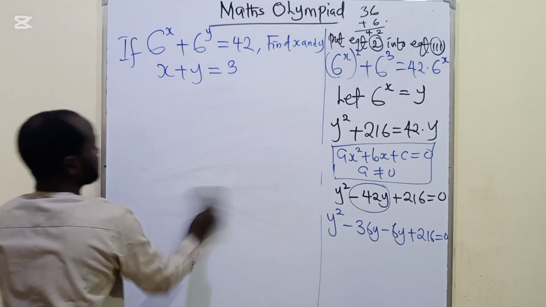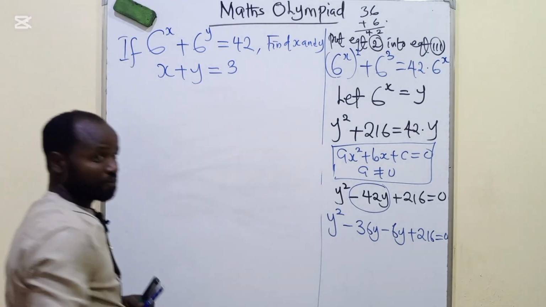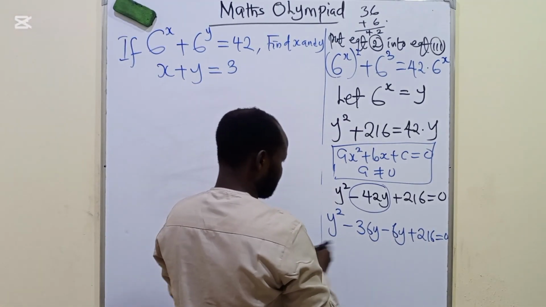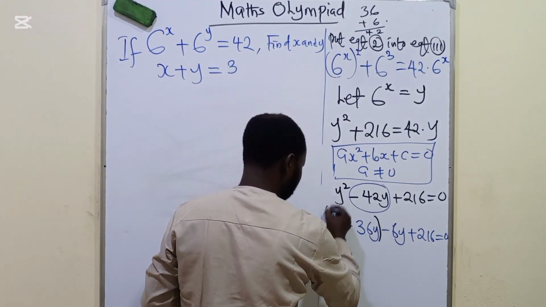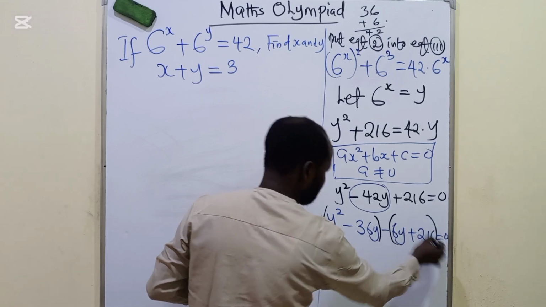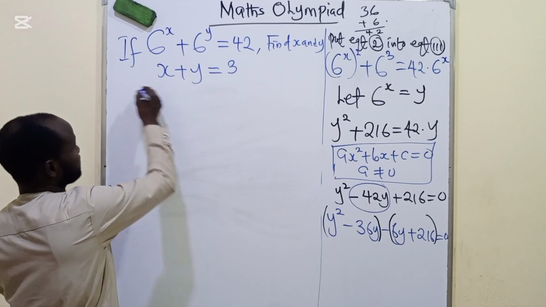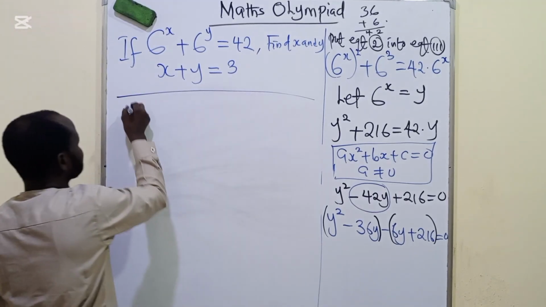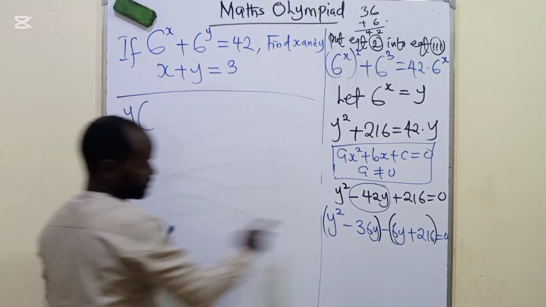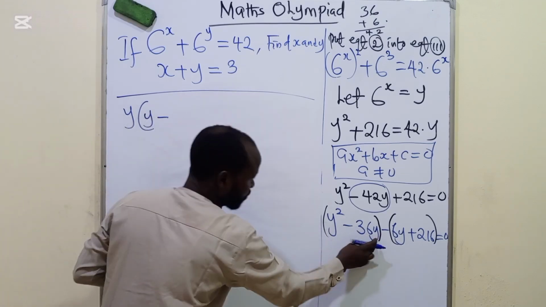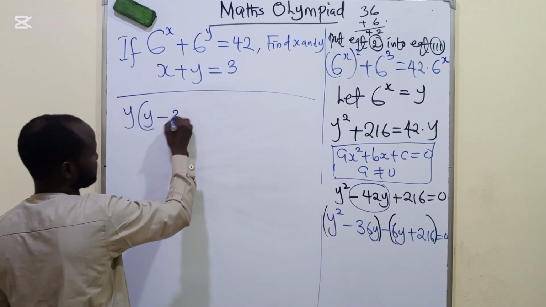Let's move here and see what we can do. Let's group this and factor out. What is common here is y. So it will be y into, we divide y squared by y, we'll be left with y, minus 36y divided by y, that will be 36.